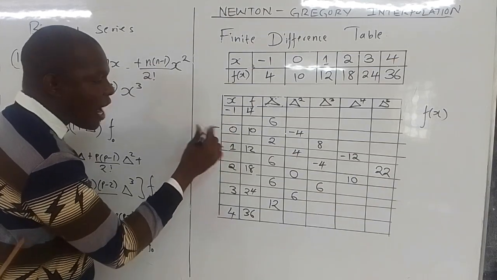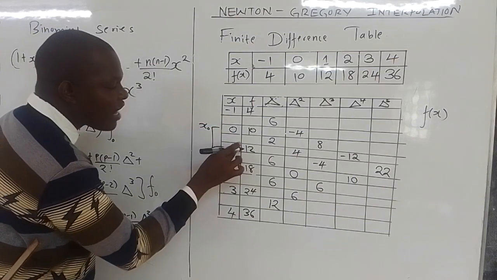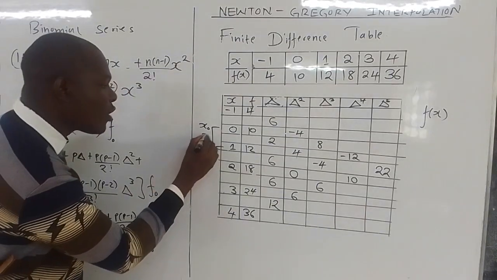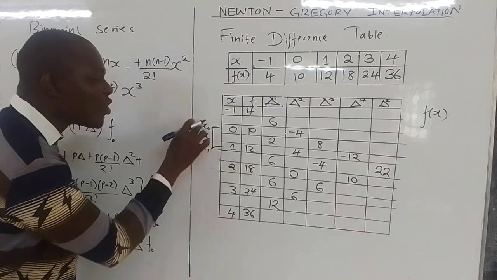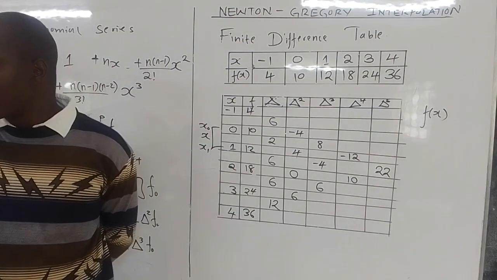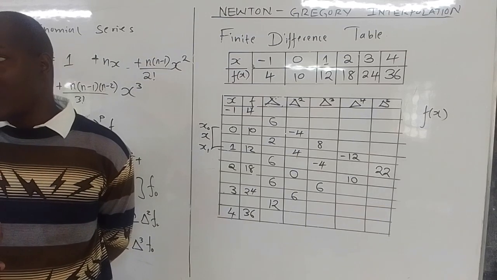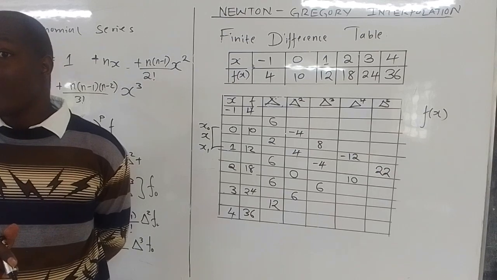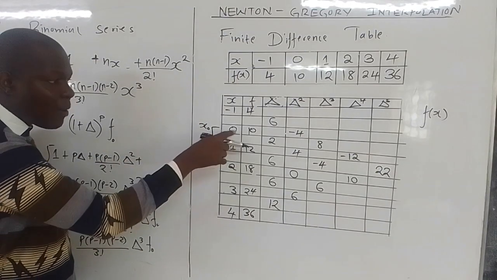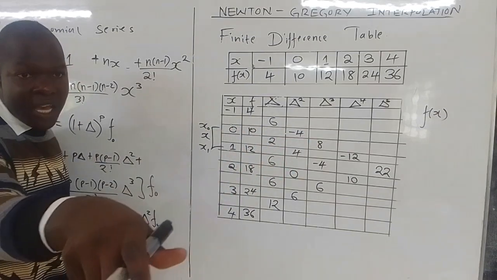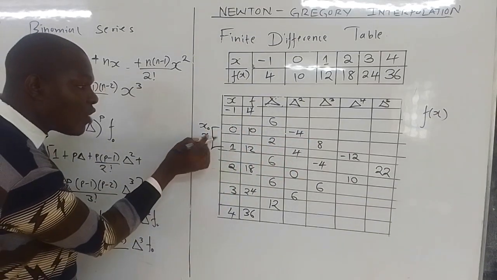The first one you denote as x naught, and the next one is x1. So the x you are looking for is in the middle of x naught and x1. We've let our x naught be 0 and our x1 be 1, and we want to evaluate at this interval.